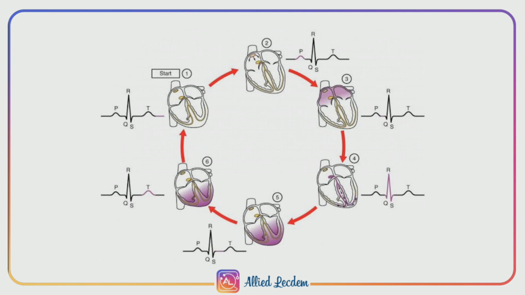In 4, we can see the appearance of the QRS complex as the atria are repolarized and the ventricular walls depolarize. In the 5th diagram, the ventricular walls are completely depolarized and there is no change in the ECG. And in 6, there is the appearance of the T wave, which indicates the ventricular walls have repolarized.